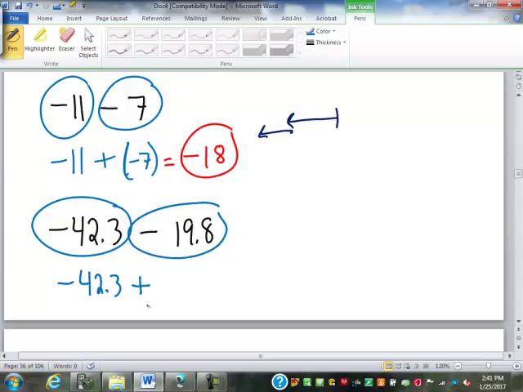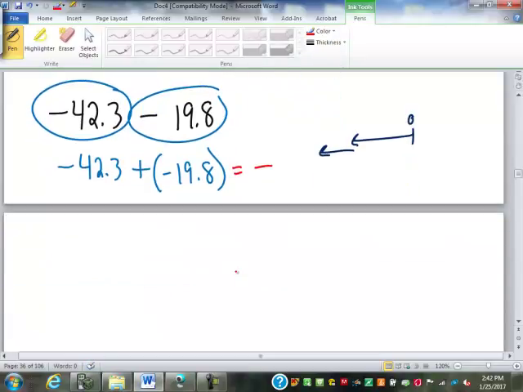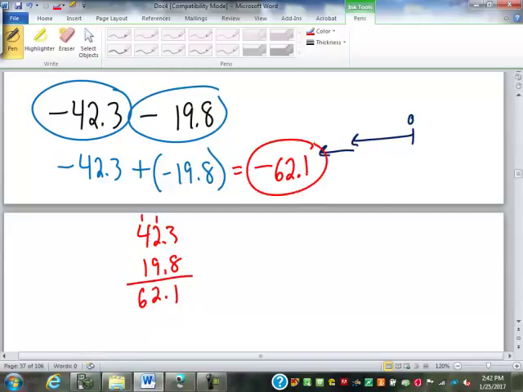It becomes plus what? Perfect. Negative 19.8. So now in our vectors, here's 0, negative 42.3, negative 19.8 goes the same direction. Answer is negative, and we have to add the absolute values. 42.3 plus 19.8 is 62.1. So it's a negative 62.1.